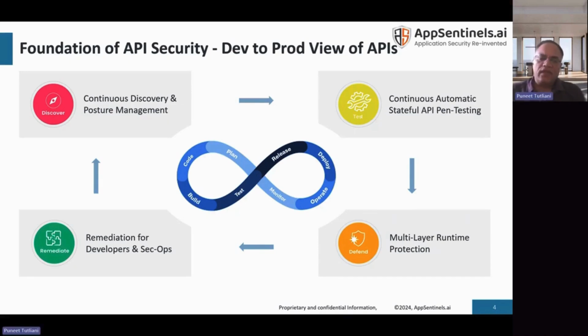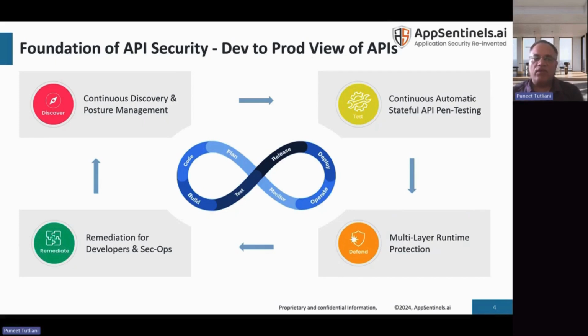The second and very critical pillar of API security is in the shift left: organizations should be doing continuous security testing of their APIs. This is one of the most critical areas where almost every single organization that we have spoken to is lagging and struggling. But this is extremely important and critical.